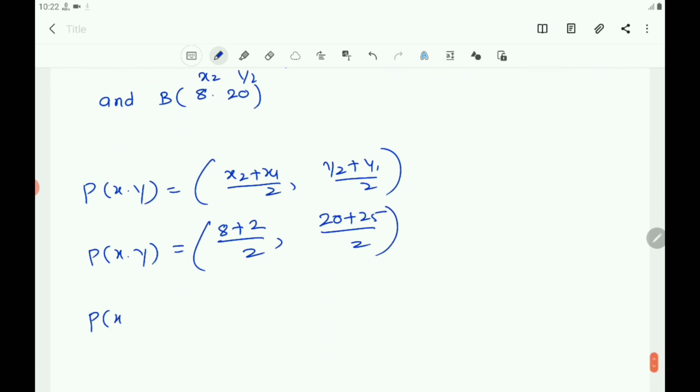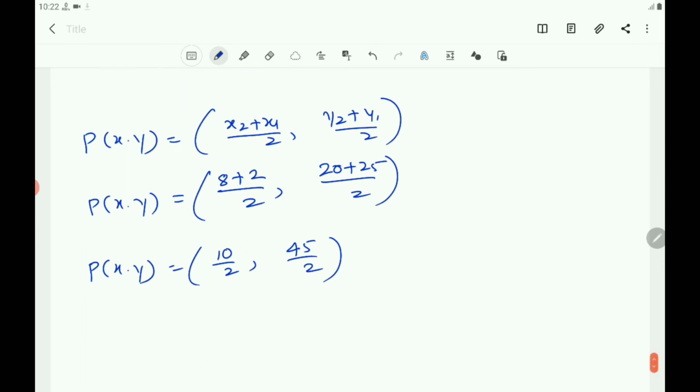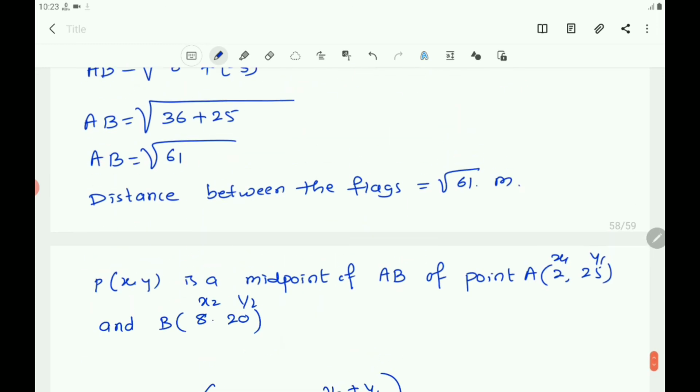Then P of xy equals 10 by 2, 45 by 2, that is 5, 22.5.